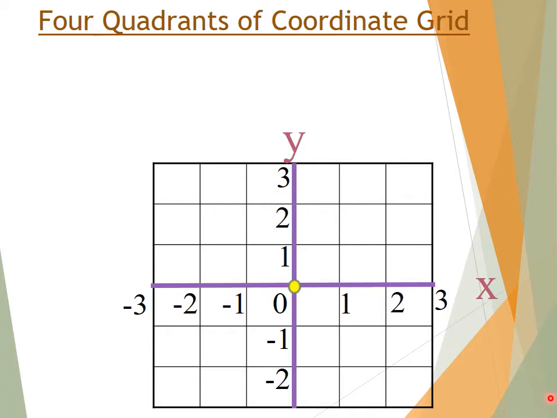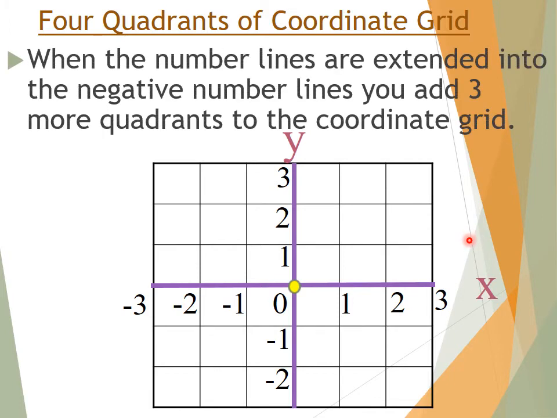According to the question, we will divide the whole page of the graph into 4 sections. So we can see the right hand side of the x-axis and the top part of the y-axis is creating a section or a part over here. This particular section is known as a quadrant. When the number lines are extended into the negative number lines, you add 3 more quadrants to the coordinate grid.